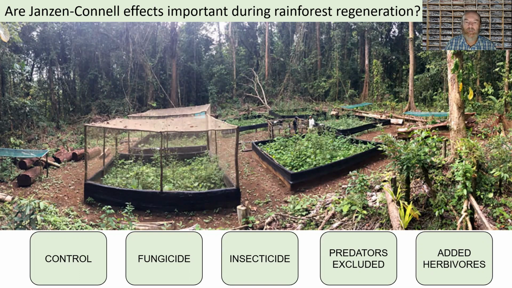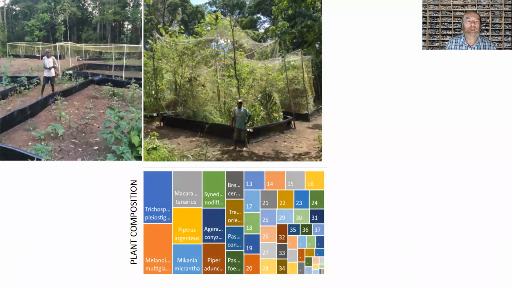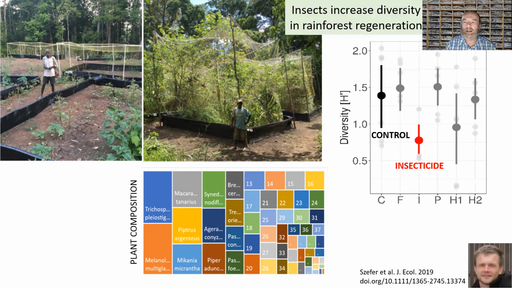So we tested this proposition, and this is how it looks in the lowland rainforest, spontaneous secondary succession after 1 year with a healthy, diverse pioneer community of plants. And this was done with my PhD student Piotr Schäfer, and we found actually that it's insects which are diversifying the initial stages of vegetation, so that insecticide application led to lower diversity.